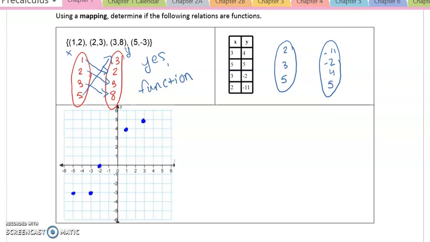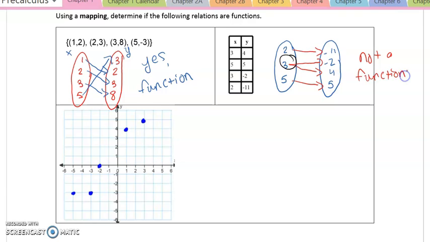It's really awkward writing on this tablet, so you guys will just have to deal with it. All right, 3 goes to 4, 5 goes to 5, 3 goes to -2, 2 goes to -11. So if you see right here, this 3 has two arrows coming from it going to different spots. So that is not a function. That input has two outputs. Okay, so not a function.